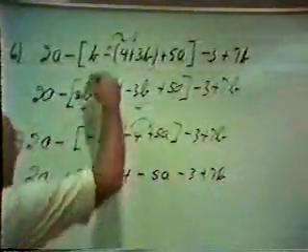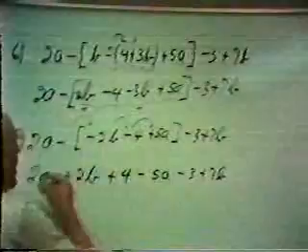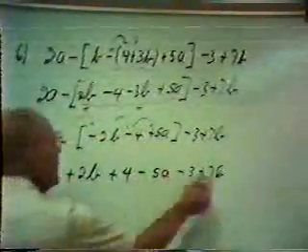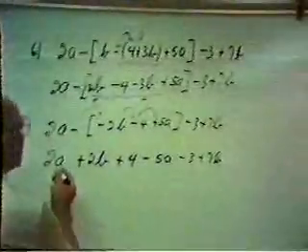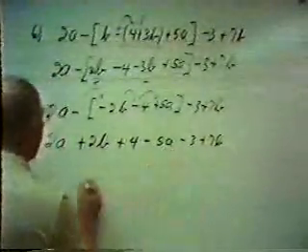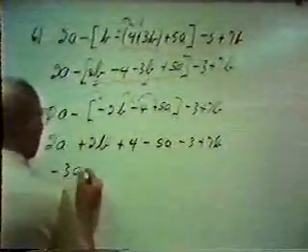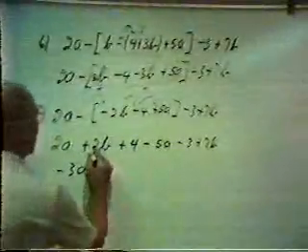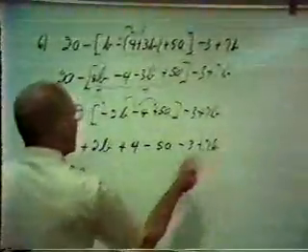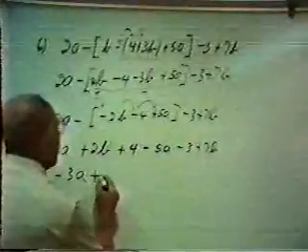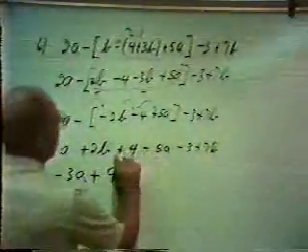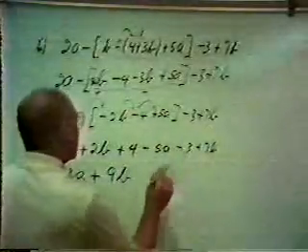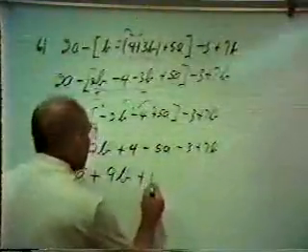Very methodically, patiently, I have eliminated all of my symbols of grouping. Now it's just a matter of combining like terms. I have a 2A and a minus 5A, minus 3A. I have 2B plus a 7B, so I have plus 9B. I have a plus 4, a minus 3, I have a plus 1.